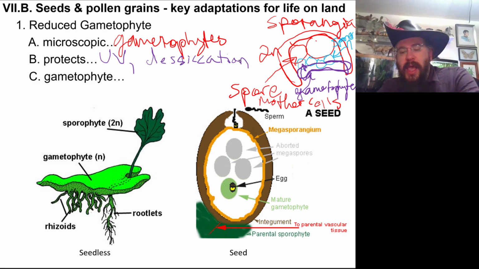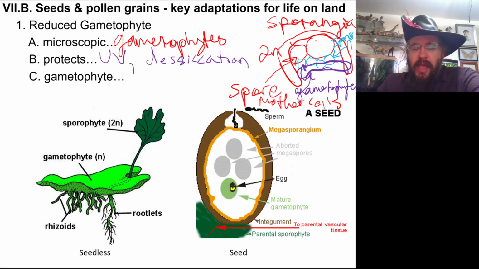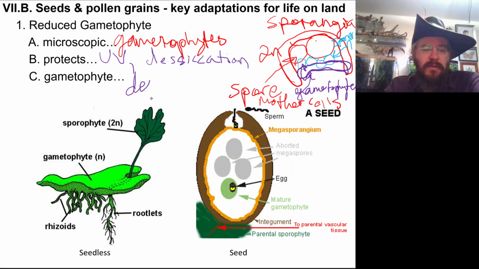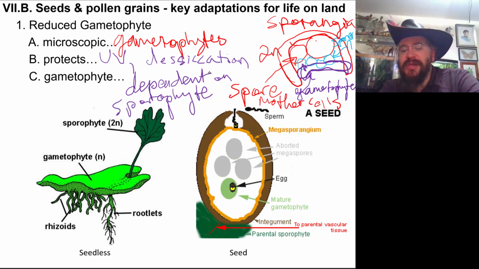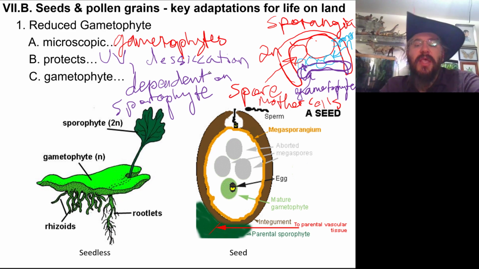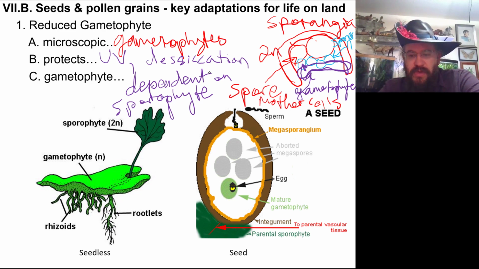So there you go. And then this gametophyte is completely dependent on the parent plant. So, not only is the parent plant providing it protection against environmental stressors, it is also providing it all its nutrients. So, hooray!